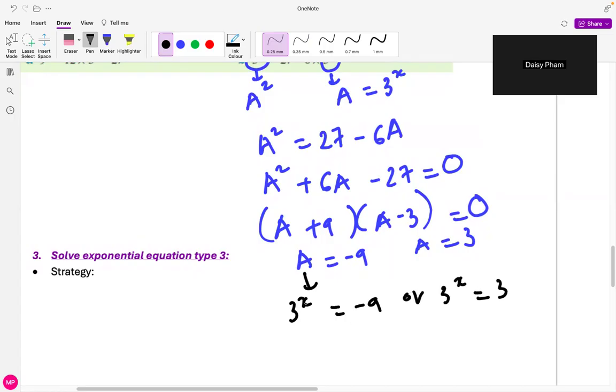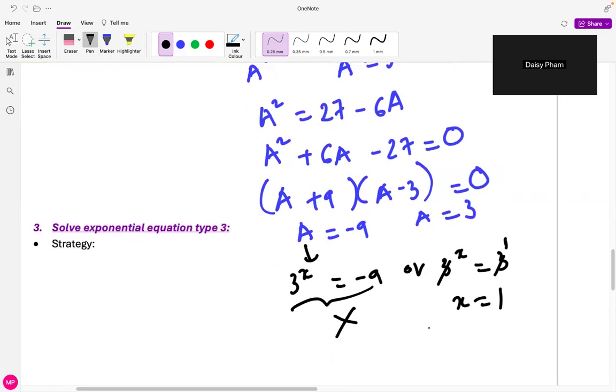Now, 3 to the power of something equal to a negative number is not possible. You can't have that. Anything to the power of something is always positive. 3 to the power of x equals 3, which means 3 to the power of 1, so you would have x equals 1. And so you have one solution here.